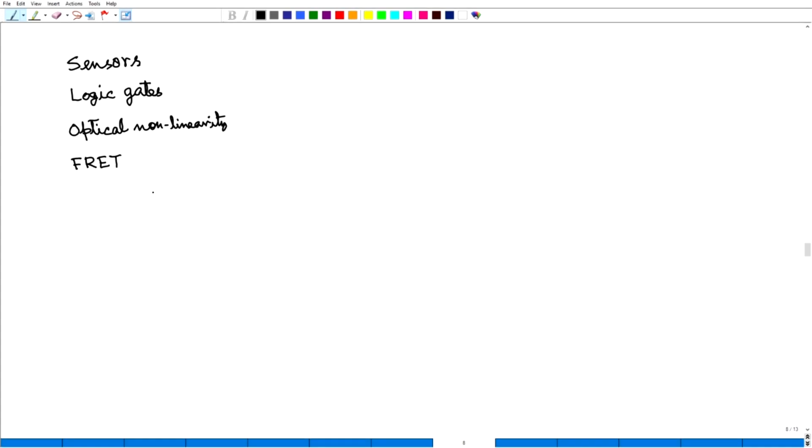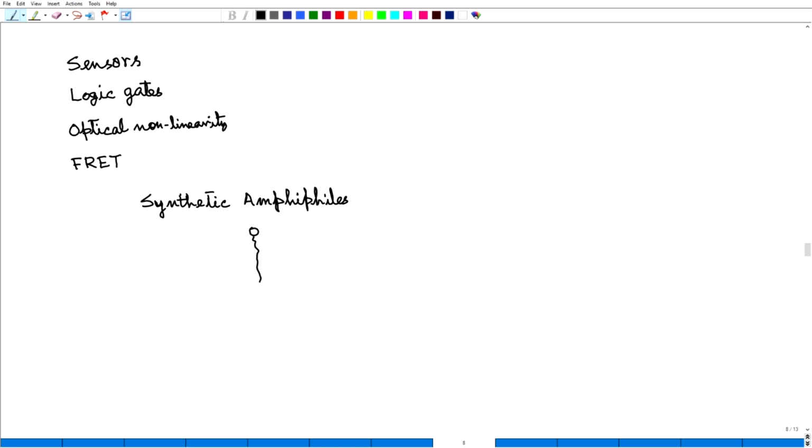Okay. So, I will do synthetic amphiphiles. Synthetic amphiphiles. Okay. What is an amphiphile? Amphiphile basic structure is like this.